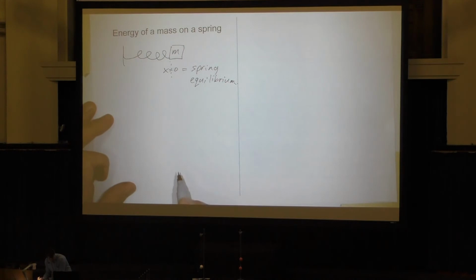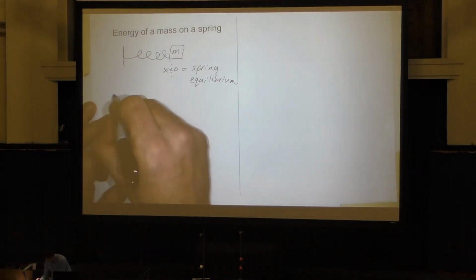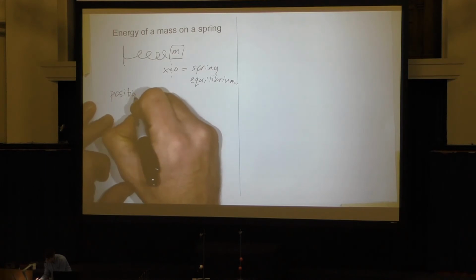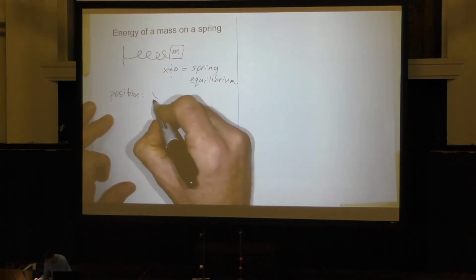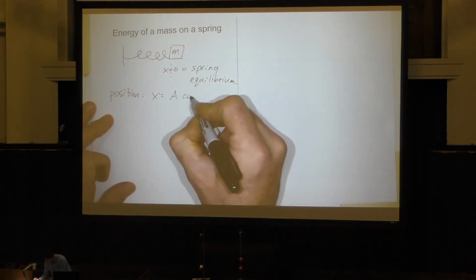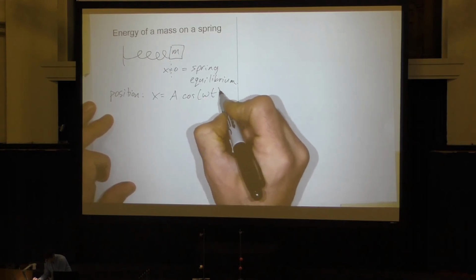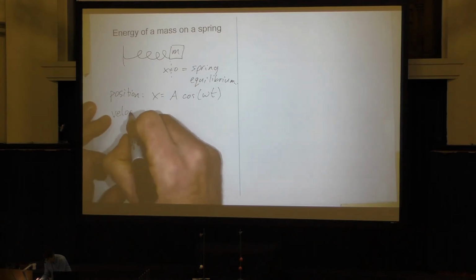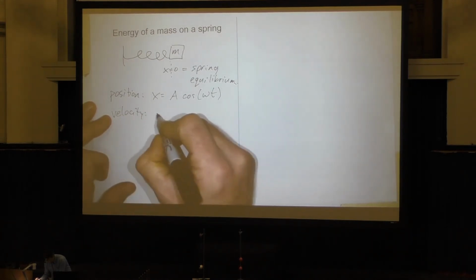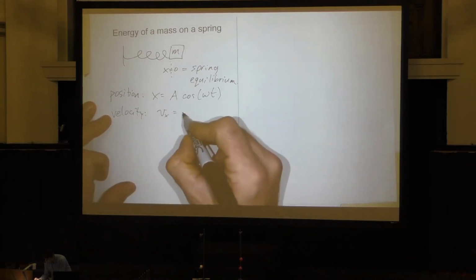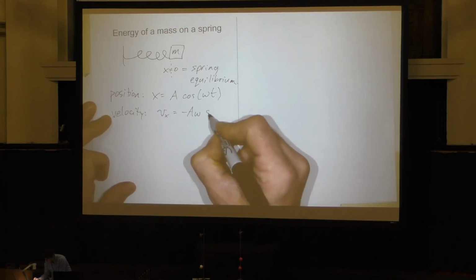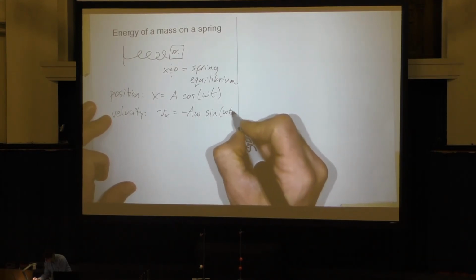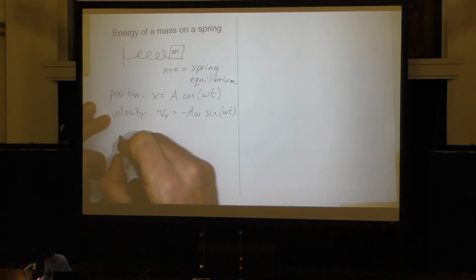Because then what we have, so actually the solution, so position. The position of the mass on the spring is x equals a times cosine of omega t. And also the velocity, we figured that out before, v sub x is equal to negative a omega times sine of omega t. Okay, so energy.